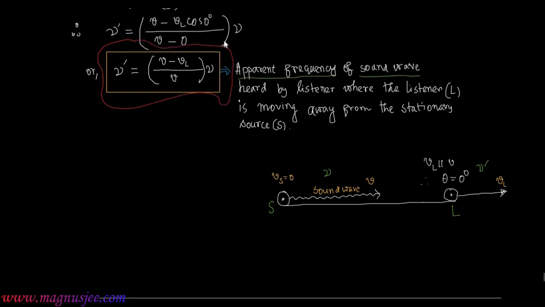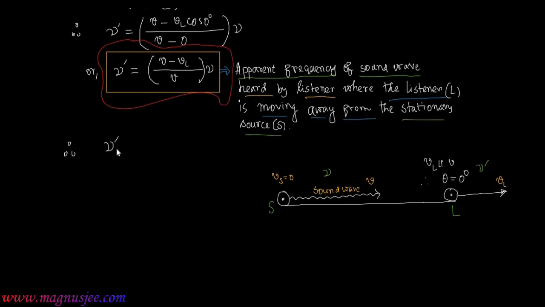That is the apparent frequency of sound heard by the listener, provided the listener is moving away from the stationary source. Therefore, nu prime is less than nu.